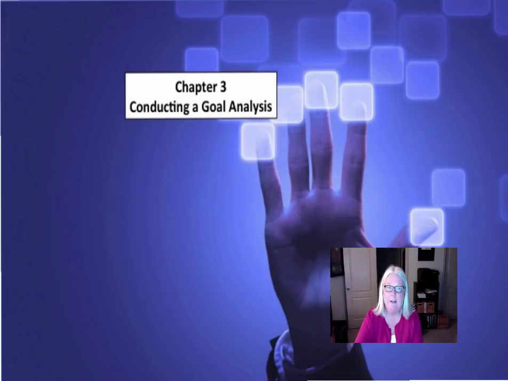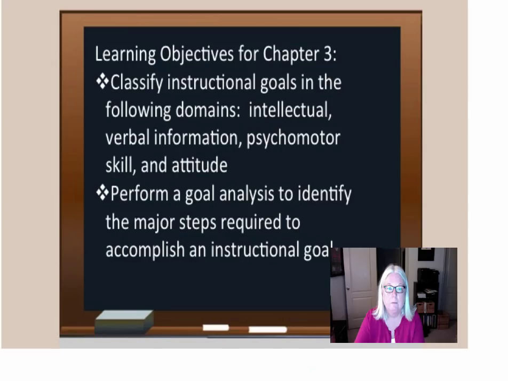You then created a goal for your instruction. The goal should have been a clear statement of what learners will be able to do after they take your online tutorial. Chapter 3 takes that goal and breaks it down into the steps that learners need to do, and this is called goal analysis.